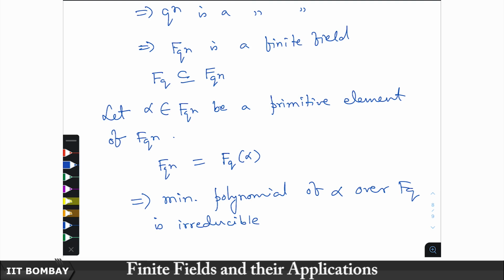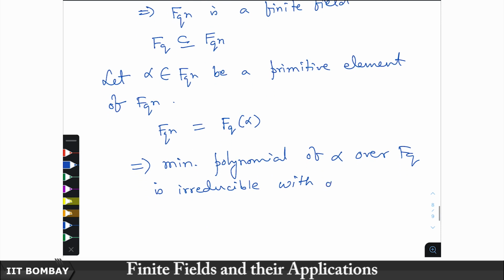Alpha is an element of the extension field, its minimal polynomial over F Q is irreducible, and what is its degree? Its degree is exactly the degree of the extension obtained by adjoining alpha, that is, the index of F Q in F Q power n, which is n.